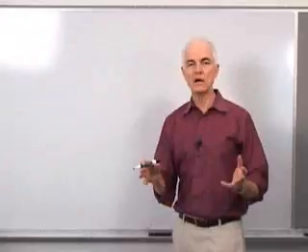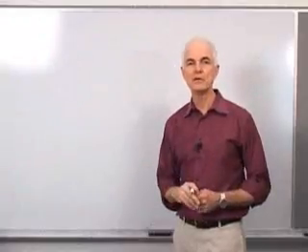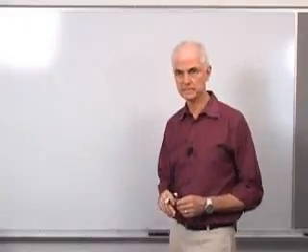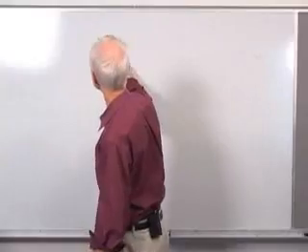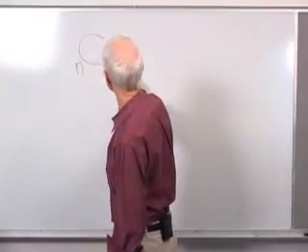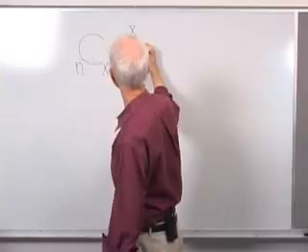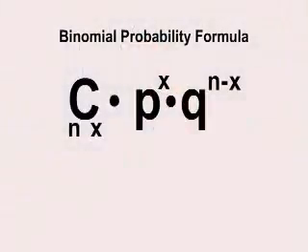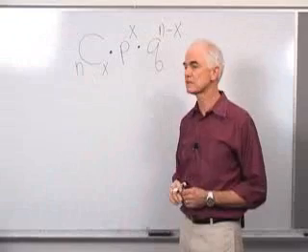We can now write out what is sometimes called the binomial probability formula. The binomial probability formula has a combination times p to the x times q to the n minus x. And that's what we just used to solve the defect problem.